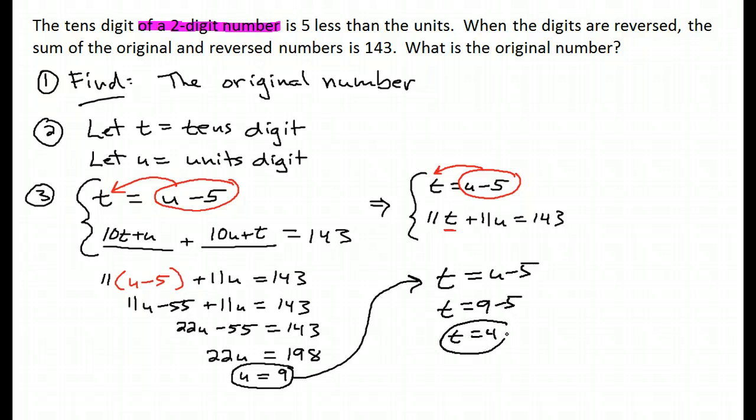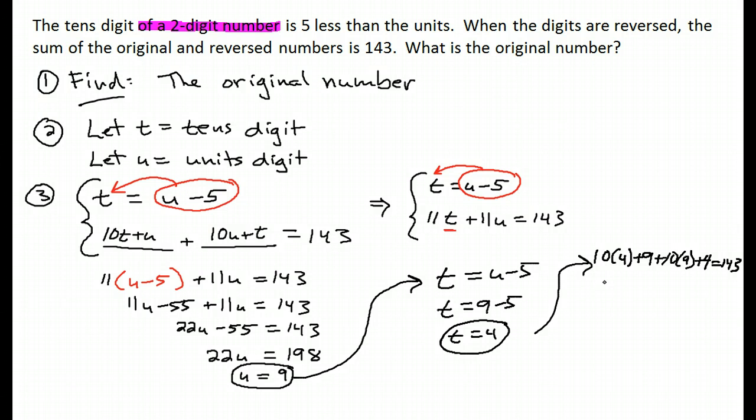Okay, now I still need to check that in the other equation. So 10 times t plus u plus 10 times u plus t equals 143. I'm going to run out of room.